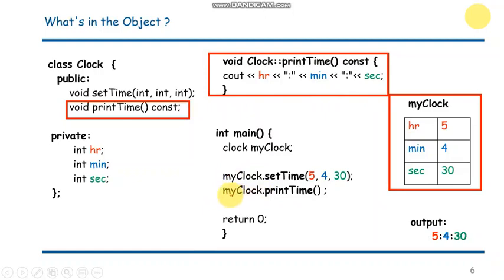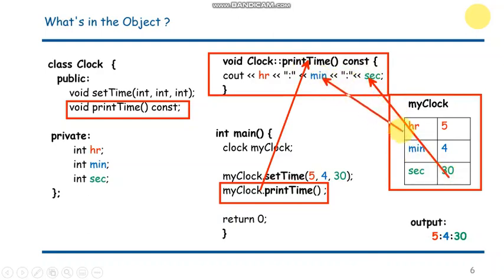So in our main program, we do have a function called myClock.printTime. What that does is take us to the definition of printTime. What printTime then does is actually read what is in the object.